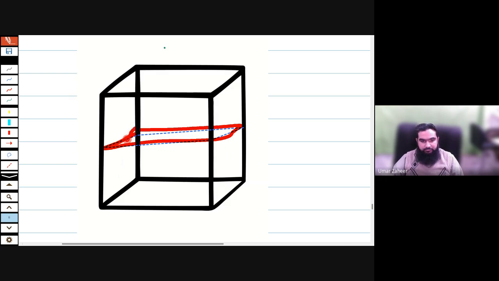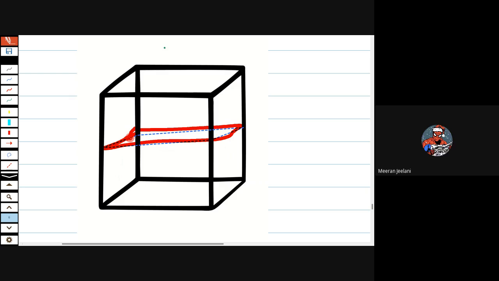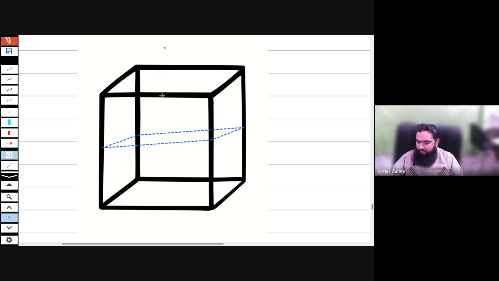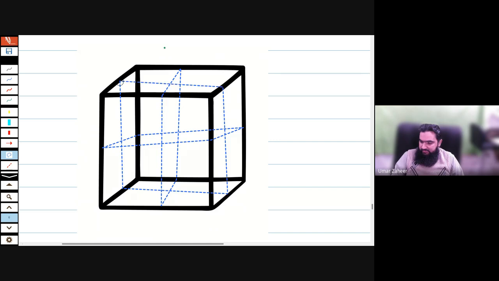Is it clear? Yes, sir. In the same way, if I draw a plane at the middle from here, we get one more plane because it is divided into two equal parts as well. In the same way, if I draw a plane here, it is also divided into two equal parts.